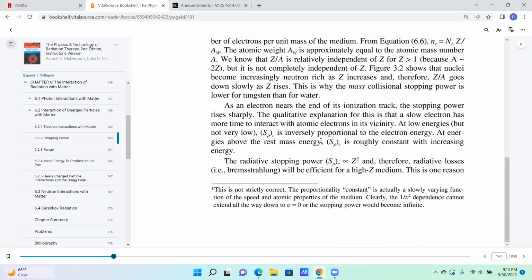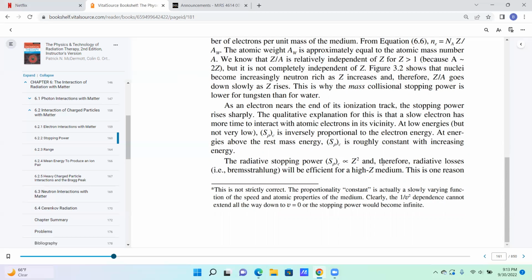It's not busy driving past it. At low energies, the collisional mass stopping power is inversely proportional to the electron energy. Above the rest mass energy, it's roughly constant with increasing energy.